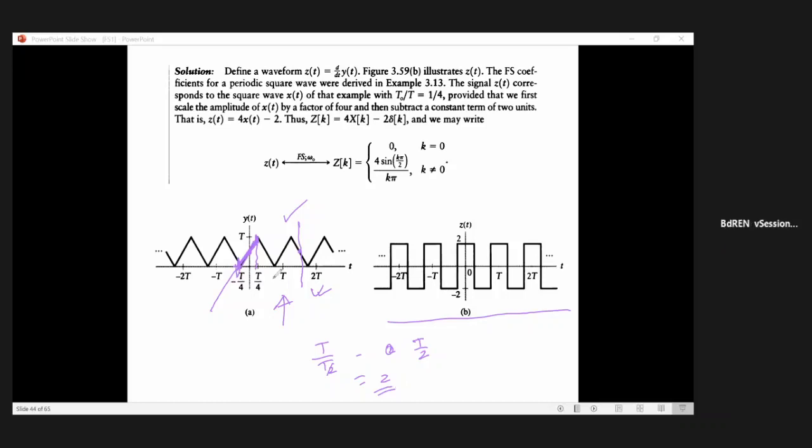So then if we differentiate it, what will happen? Differentiation means what? You are calculating the slope. So it will be equal to 2, isn't it? And that 2 is ranging from where to where? From minus T by 4 to T by 4, isn't it? Again, from T by 4 to this point, what is happening there?